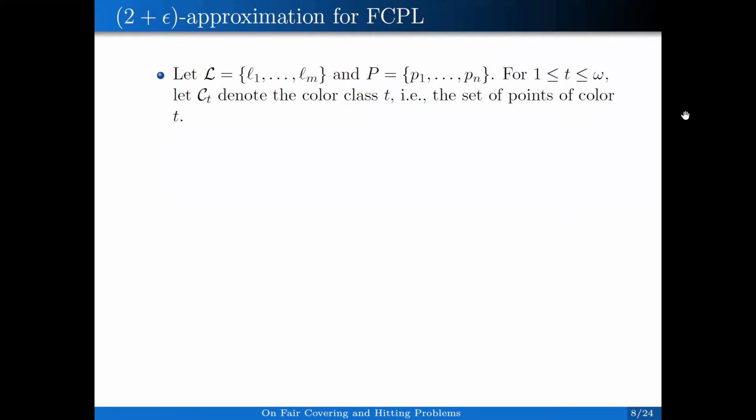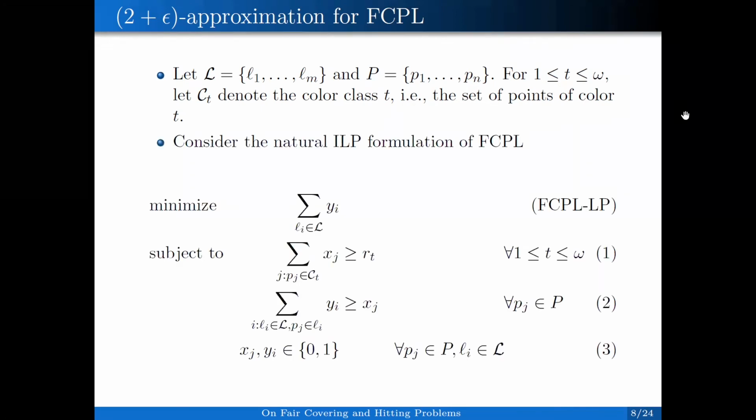The 2 approximation for colorful vertex cover is a straightforward extension. Remember that we are given a collection of axis parallel lines and a set of points in the plane where each point is colored by some color.